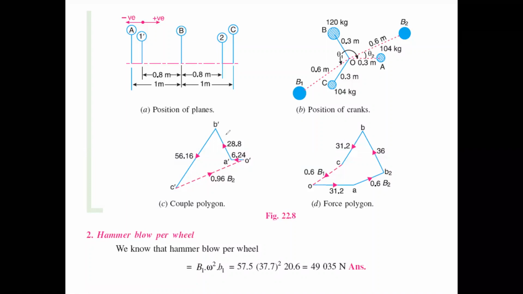Next, the second value is 28.8, and its direction is MB, at 120 degrees. So draw a line parallel to our MB.